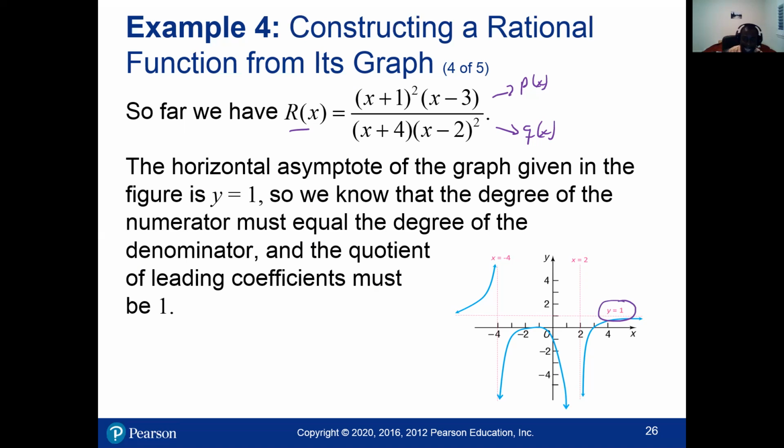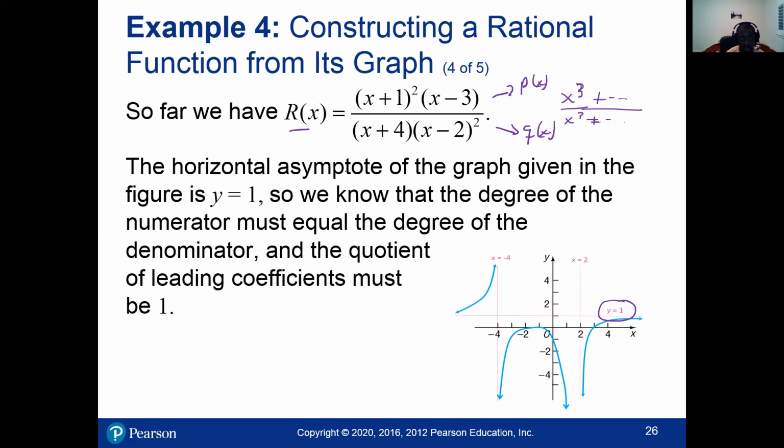If it is equal to 1, that means they have equal degree. The degree of the numerator and the degree of the denominator will be the same, and the ratio of the leading coefficients, in this case x cubed over x cubed, plus some terms there, will be 1.